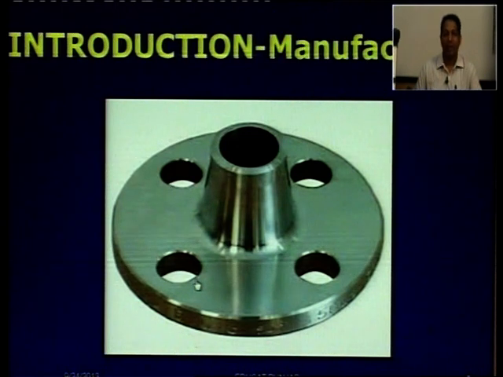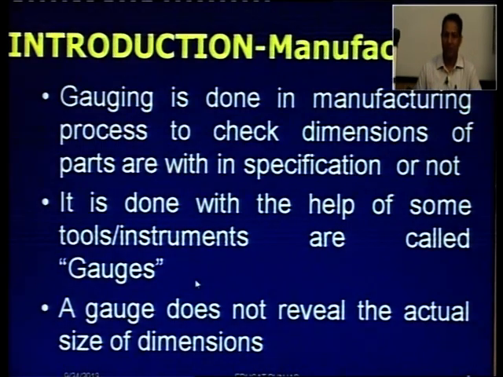Now, you see, gauging means measuring the dimensions and shape of the component. Gauging is done in the manufacturing process to check the dimensions of the parts, whether the dimensions are within the prescribed limits or not.